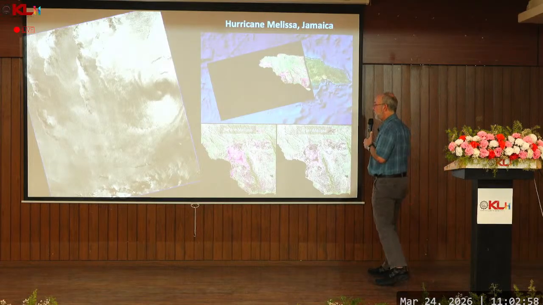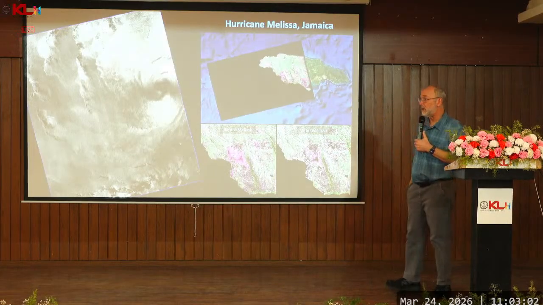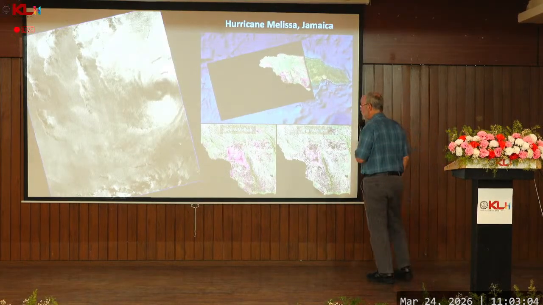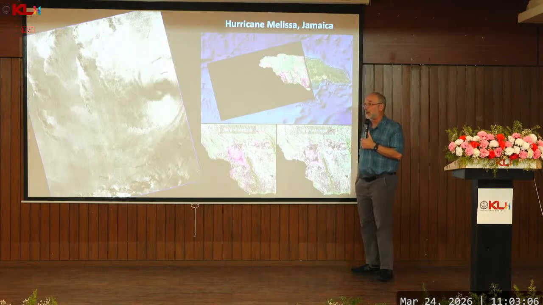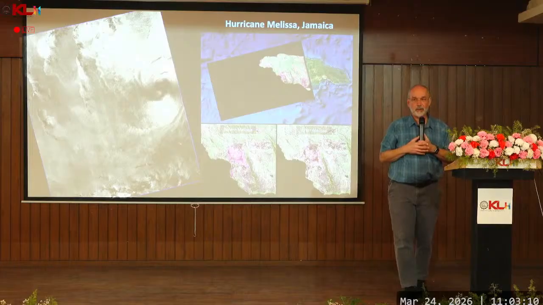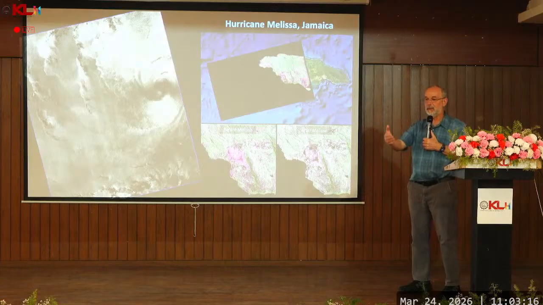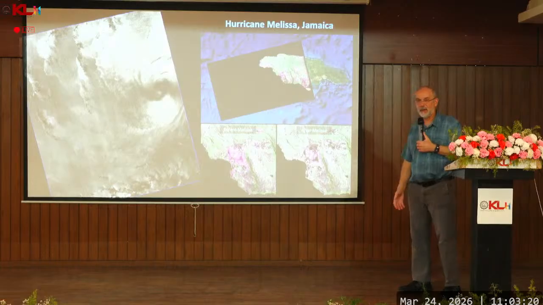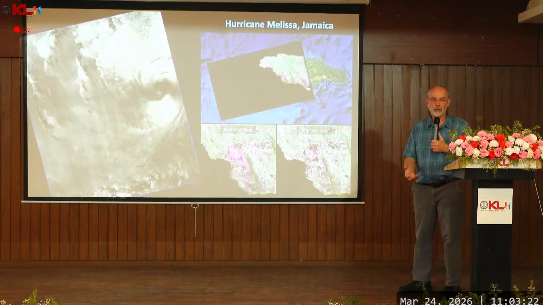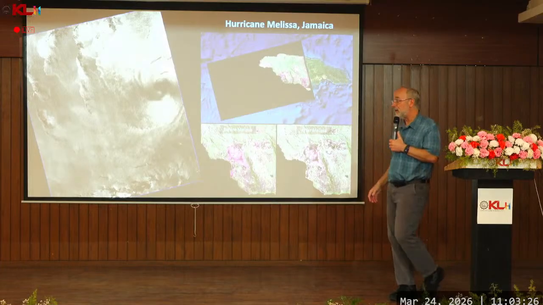And then another application that's very important to our ISRO colleagues and to India in general is disaster response, especially tracking hurricanes as they approach the coast. You can imagine that a 12-day repeat satellite that only images a particular spot on the Earth every 12 days might not be considered particularly useful for tracking a hurricane, which moves much faster than that.